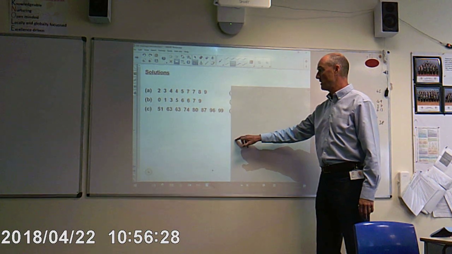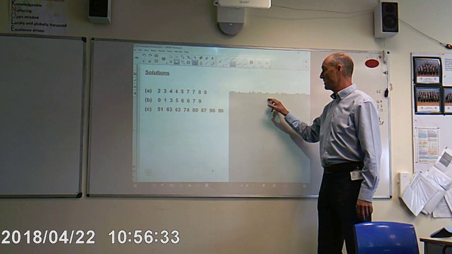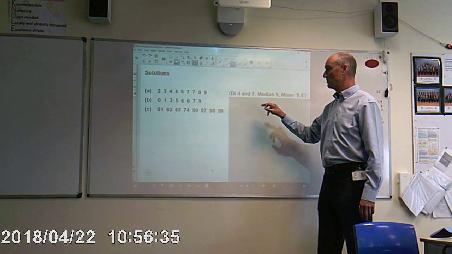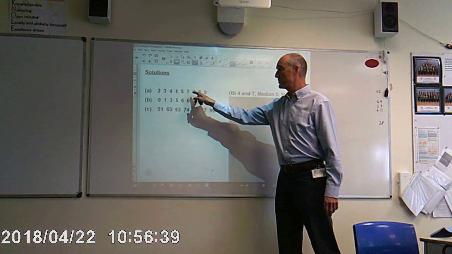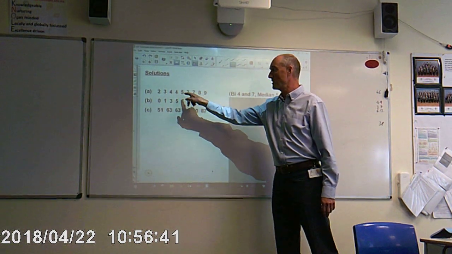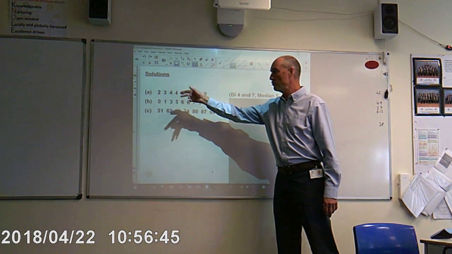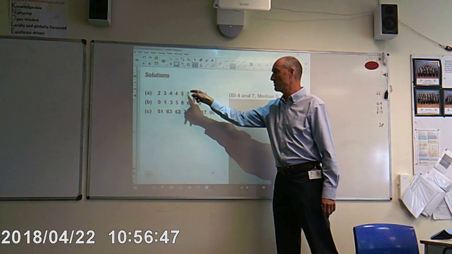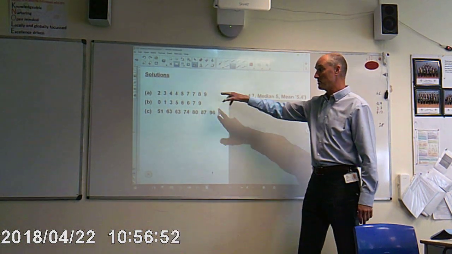So if we go through those examples, first one there, if you look at that, it's got 2 numbers that appear the same number of times, the most number of times. So we've got a bimodal. We've got 2 modes really, because 4 appears twice and 7 appears twice. So 4 and 7 are both modes there.